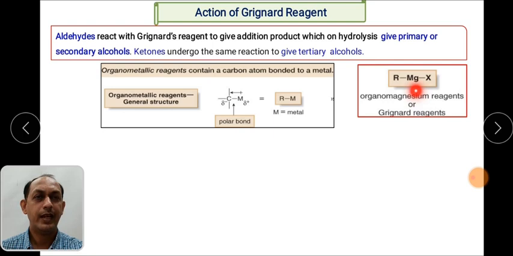As a result, if you see the polarity, the magnesium carries a slight positive charge, while the alkyl group attached to it, that means carbon, carries a slight negative charge. So in general we can say the carbon-metal bond is polar. This property is very helpful in order to understand the various nucleophilic reactions given by this Grignard reagent.